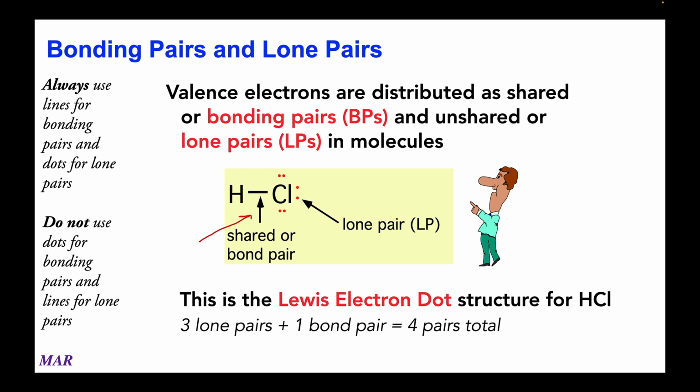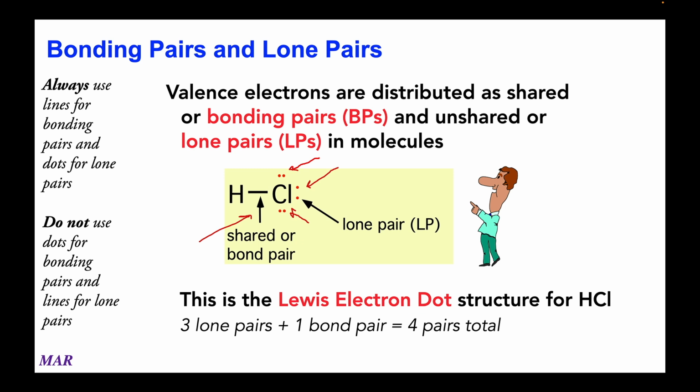But Cl has a bunch of double dots around it. You can see there's 1, there's 2, and there's 3. And they call those lone pairs. Lone pairs are pairs of electrons, 2 electrons that are just around one atom. So HCl has 1 bonding pair between the H and the Cl, and the Cl has 3 lone pairs around it. And so this is what they call a Lewis structure, a Lewis electron dot structure.